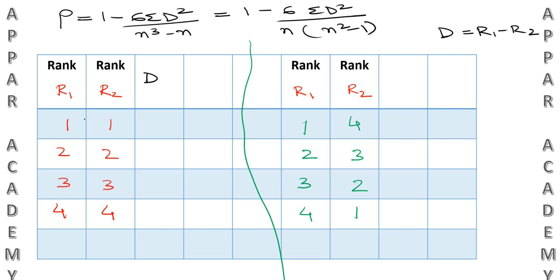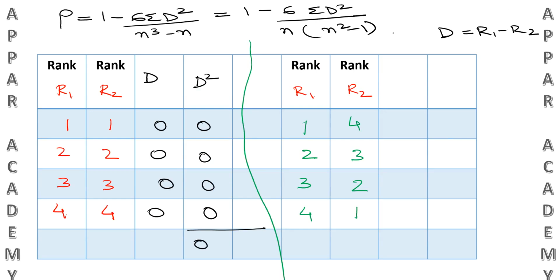d for this, R1 minus R2, is 0. This is again 0, 0, 3 minus 3, 4 minus 4 is again 0. So if we find d square, this will again be 0, 0, 0, 0. So now we have found d and d square. Next we need to sum up our d square, and this will be all 0.